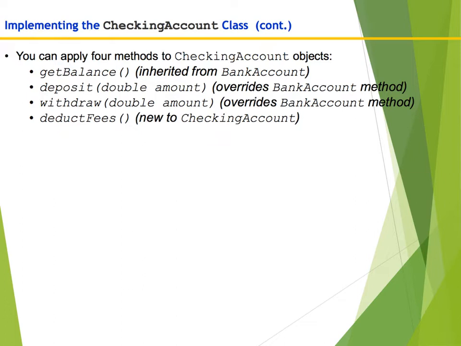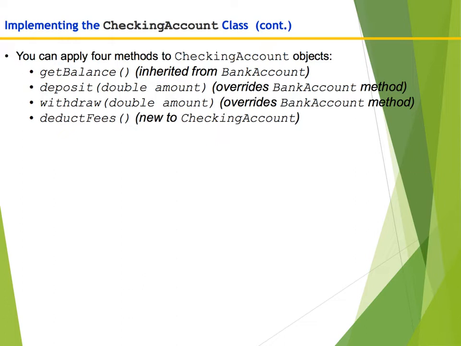So in the example of bank accounts, you can apply these four methods to checking account objects. You can apply the get balance method. Why? Because it's inherited from bank account. You can apply the deposit method, which is defined in the bank account, but it is re-implemented in the checking account. So deposit overrides the bank account method.